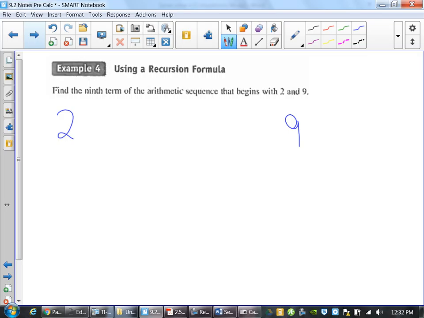Oh, I'm sorry, not ends with. Begins with 2 and 9. Sorry, these are the next 2 consecutive terms. I read that wrong. It begins with the 2 numbers of 2, then 9. So if these are the first 2 numbers, what's the common difference? 7. So your first term is 2, and your common difference has got to be 7.